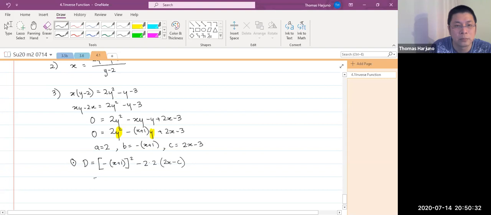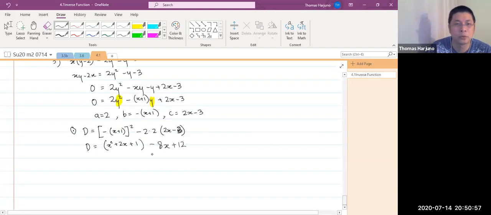This will be x squared plus 2x plus 1. You see the negative being squared just cancels. So I'm basically squaring x plus 1, minus, I'm sorry, this is 2x minus 3, which gives 8x plus 12. So my discriminant becomes x squared minus 6x minus 11.